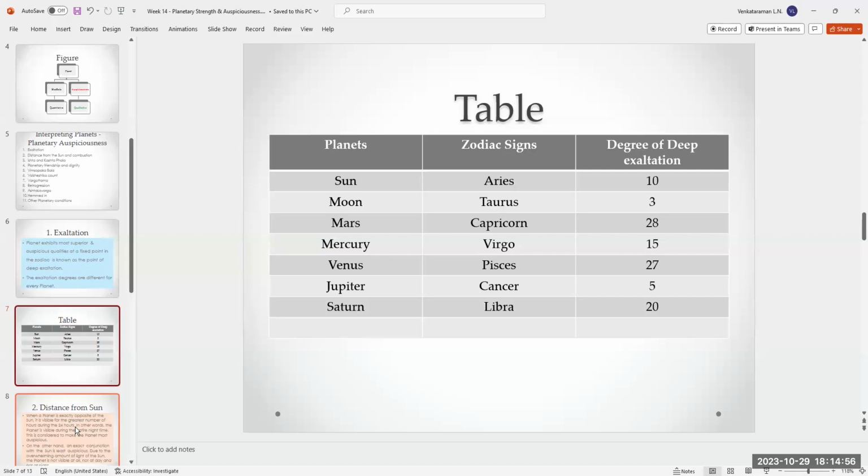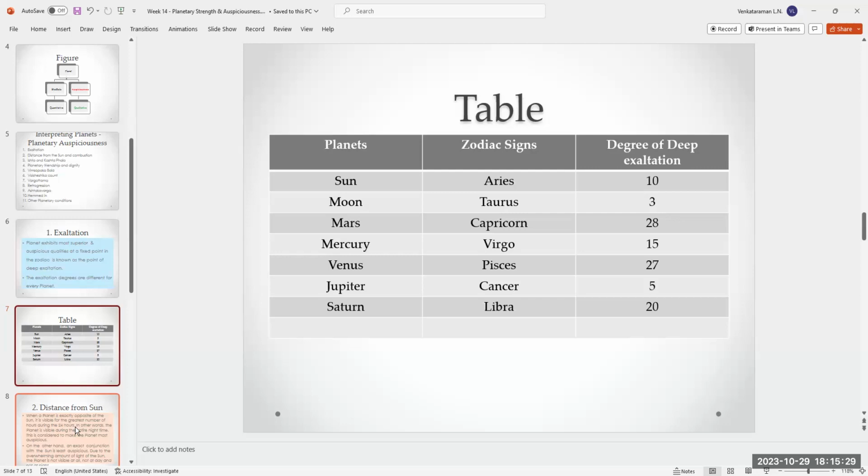So what this means, I don't know if any of you have your charts handy. Do any of you have any planet in exaltation? Can you just take two minutes and check?